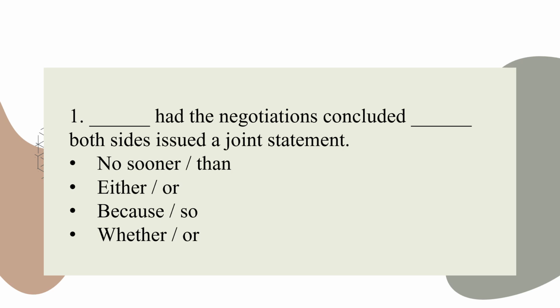The options given are no sooner than, either or, because so, whether or. So the correct correlative conjunction in this sentence would be no sooner than. No sooner had the negotiations concluded than both sides issued a joint statement.